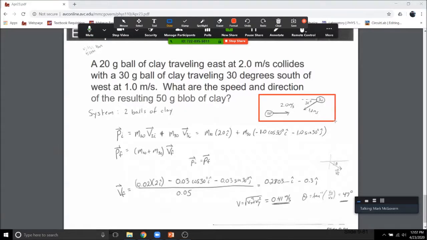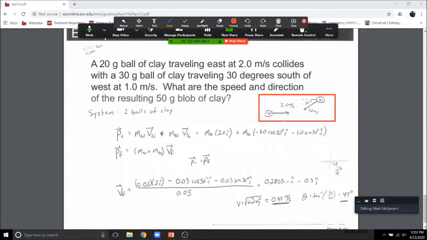Right? So before they hit, the 20 gram ball of clay has a velocity that is simply 2 i hat, just moving to the right. When we look at the velocity of the 30 gram ball of clay, we see that its velocity is -1 cosine 30 in i hat. So let me draw a picture here.